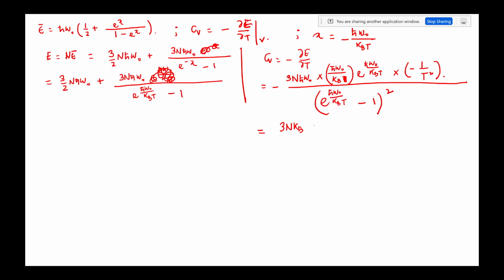There is h cross omega naught, one from this one. So this will be h cross omega, kB, and T squared. So this is T whole squared times e to the power h cross omega naught by kBT, by e to the power h cross omega naught by kBT minus 1.